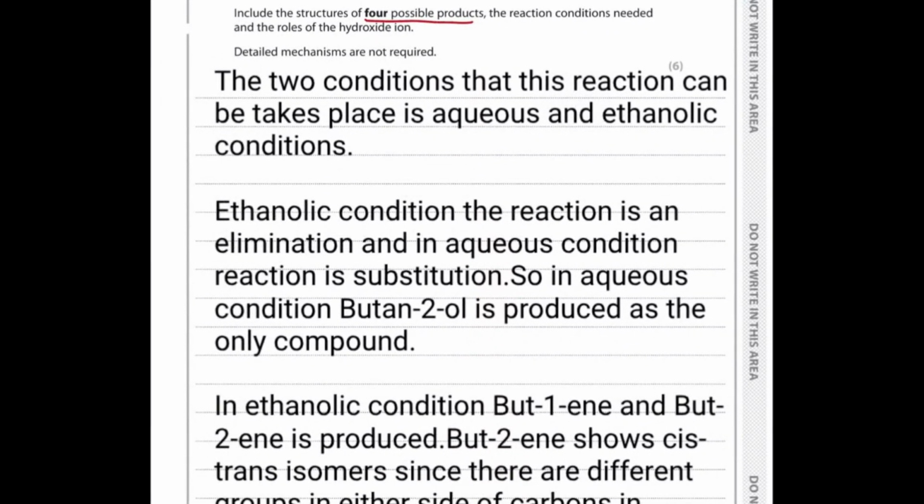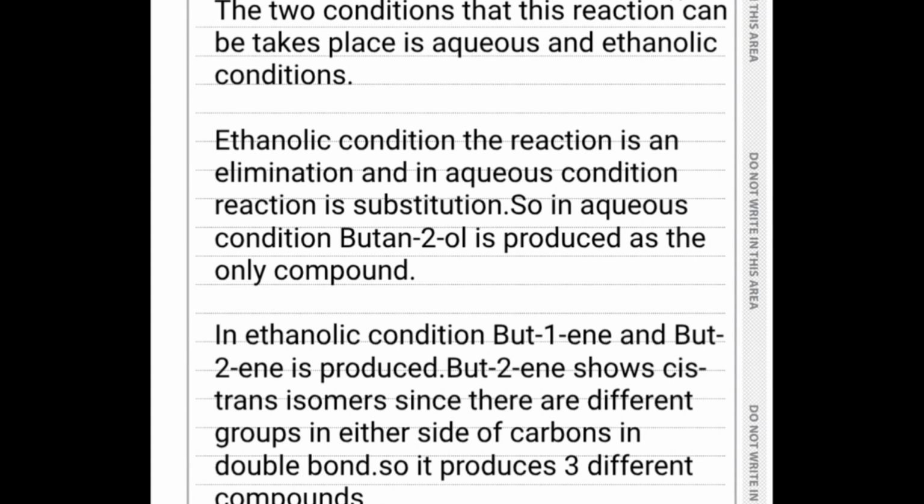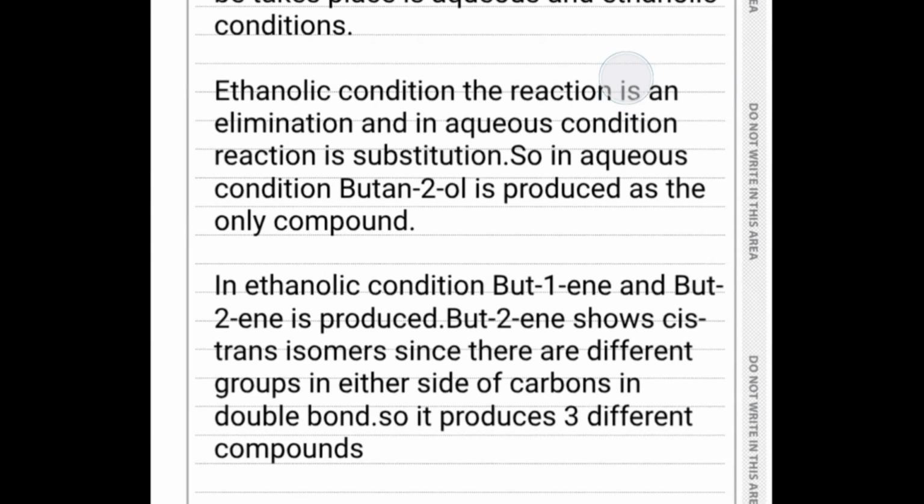Okay, so in writing the answer, the two conditions under which this reaction can take place are aqueous and ethanolic. In ethanolic condition, the reaction is an elimination, and in aqueous condition, the reaction is a substitution. In aqueous condition, butan-2-ol is produced as the only compound. In ethanolic condition, but-1-ene and but-2-ene are produced.